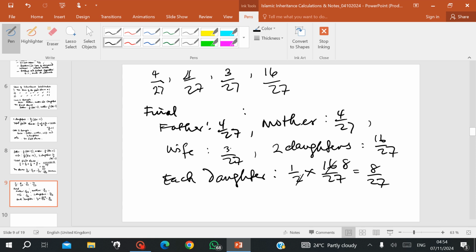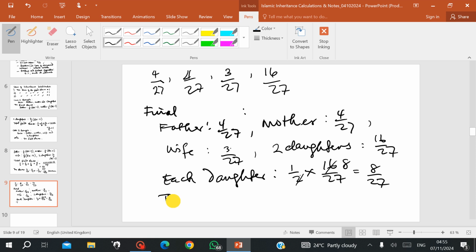So we increase that denominator from 24 to 27. So instead of having the portions over the former denominator, we now have them over the sum of the numerators. That is from 4 over 24 to 4 over 27, and so on. In that case, we have reduced the shares of each heir proportionately. So this is the case of aul.